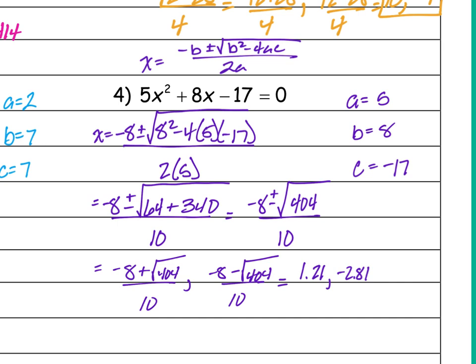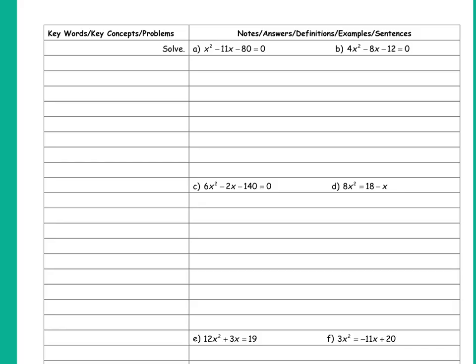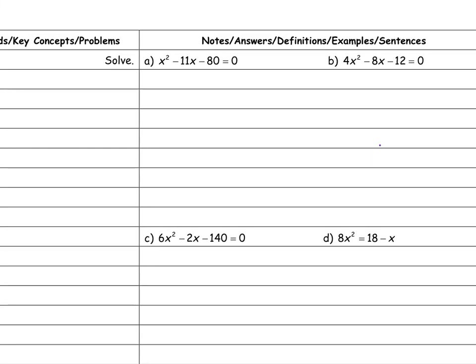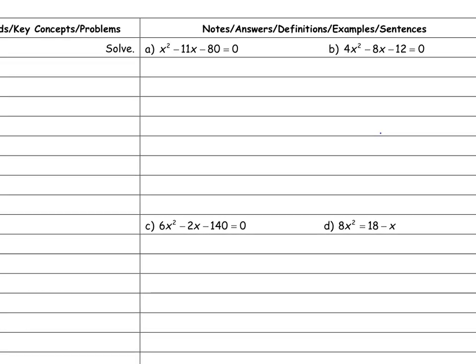Okay, let me stop sharing this and go back to sharing. Let me move this out of the way. Okay, so then what you guys are going to go ahead and do on the next page, I'm going to go ahead and write the quadratic formula out here again. And I want you to do at least the first 4 problems here.